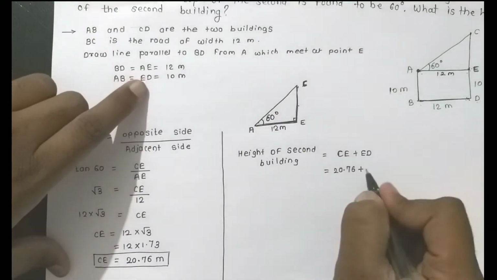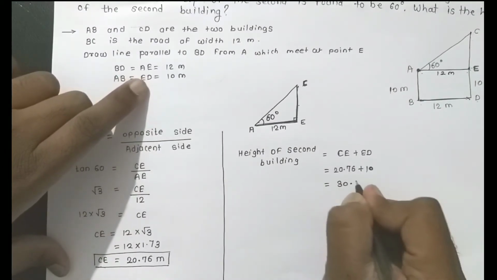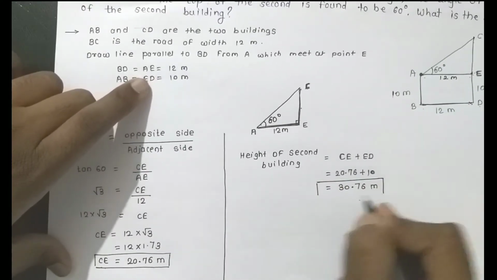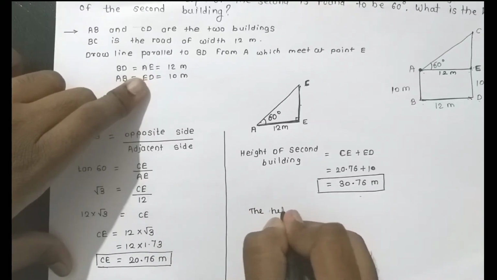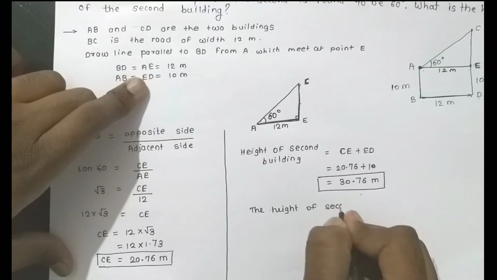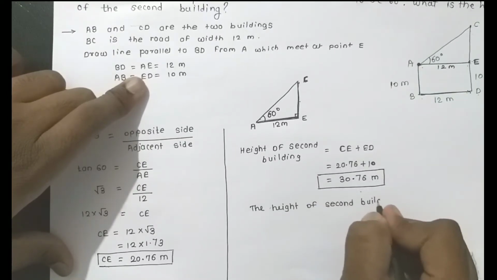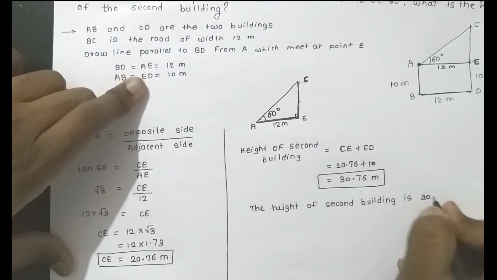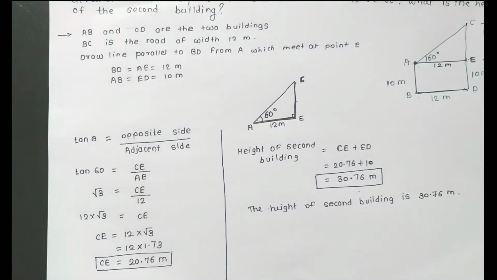ED is equal to 10 meter. So 20.76 plus 10, 30.76 meter. The height of second building is 30.76 meter.